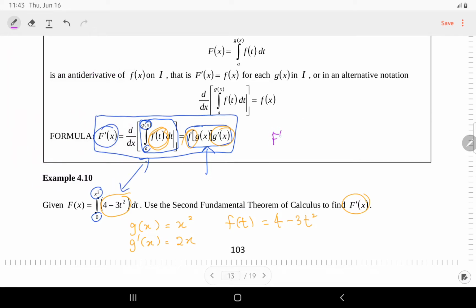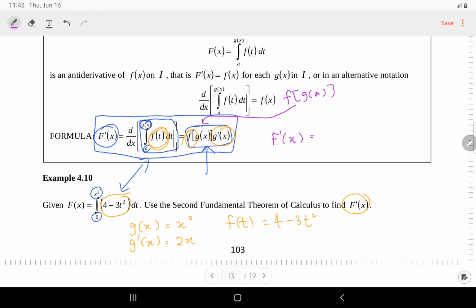Our f prime x will be f of g of x. What does f of g of x mean? In the function f, the variable t has to be replaced with g of x.